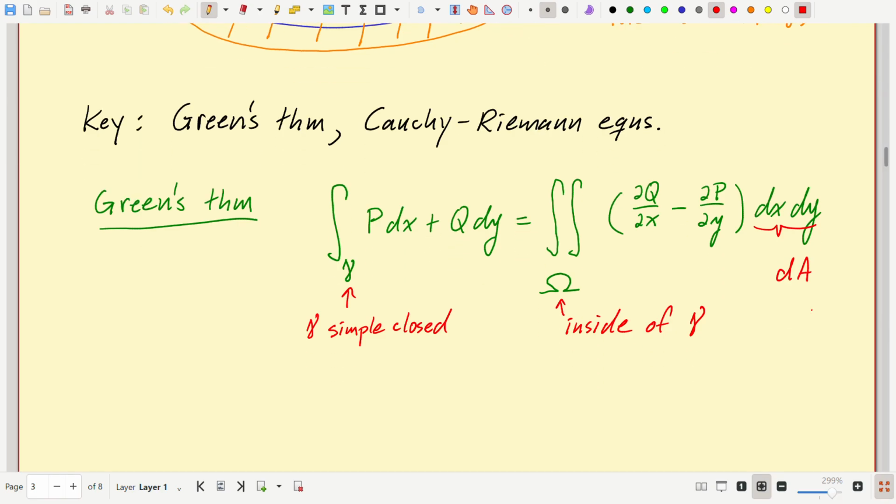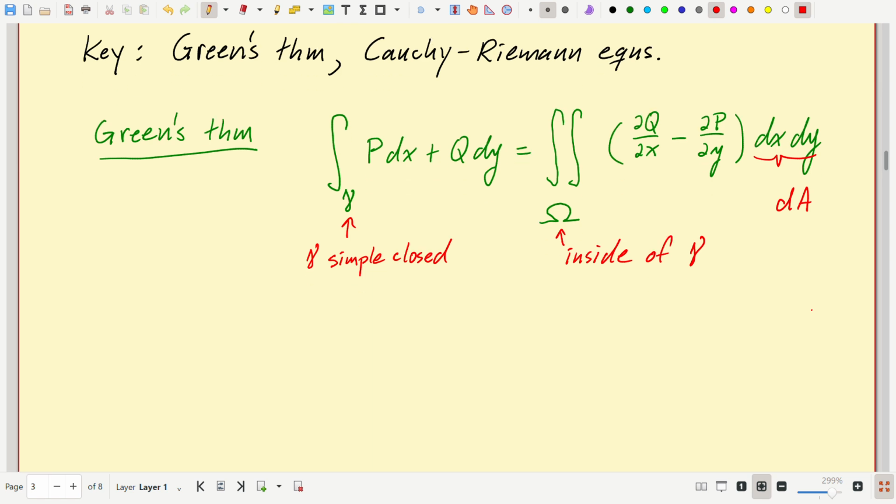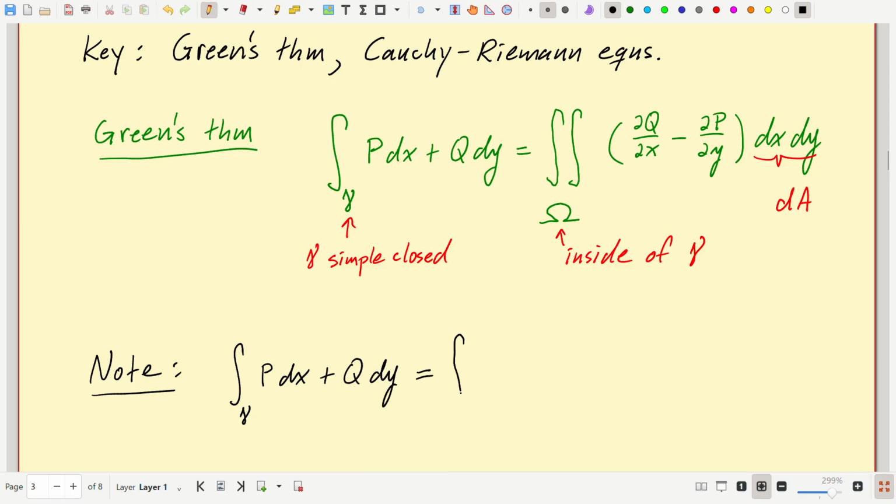First of all, let me review something. You know what an area integral is; you may be rusty on your Math 261. The integral along gamma of p dx plus q dy is notation for the integral from a to b, where we parameterize the curve, of p of x of t, y of t, times dx/dt dt.